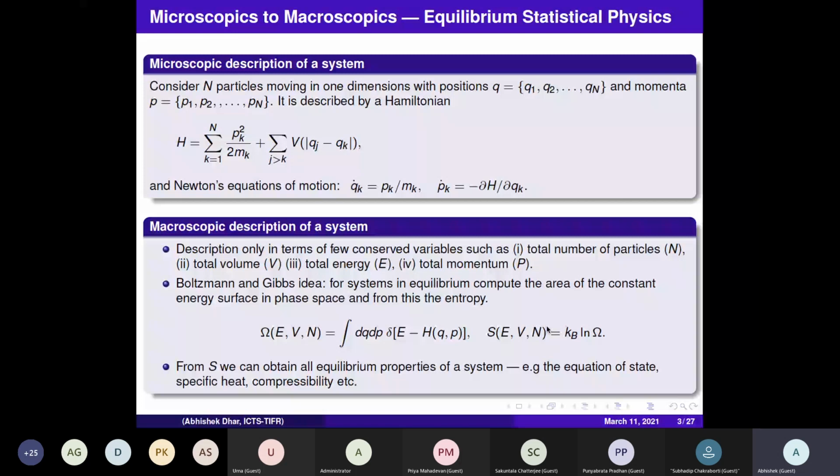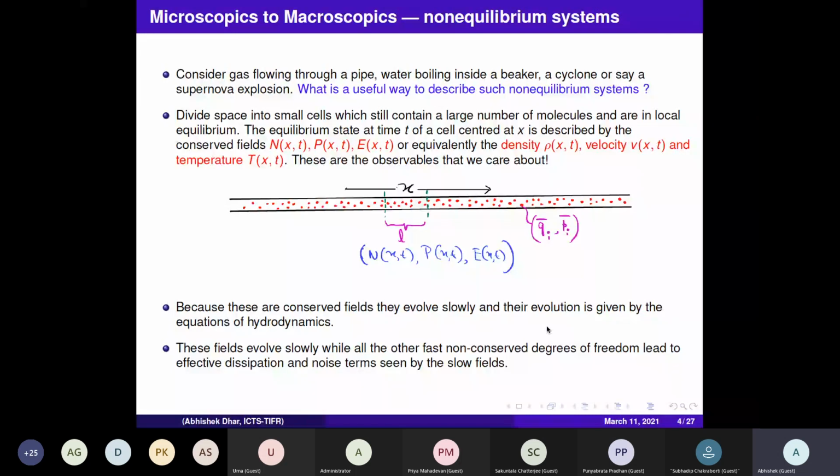Okay, so now when we come to systems out of equilibrium, let's say a gas flowing through a pipe, or water boiling inside a beaker, or a cyclone, or even a supernova explosion, let's ask what is a useful way to describe such a non-equilibrium system.